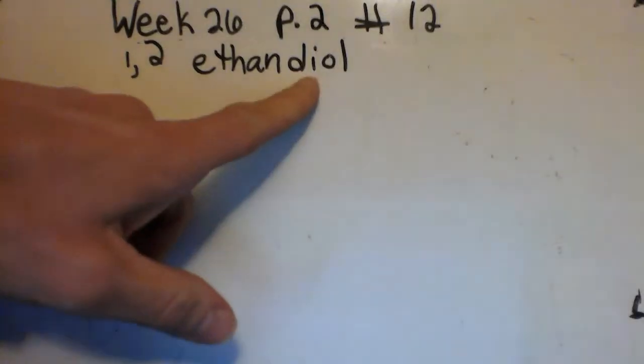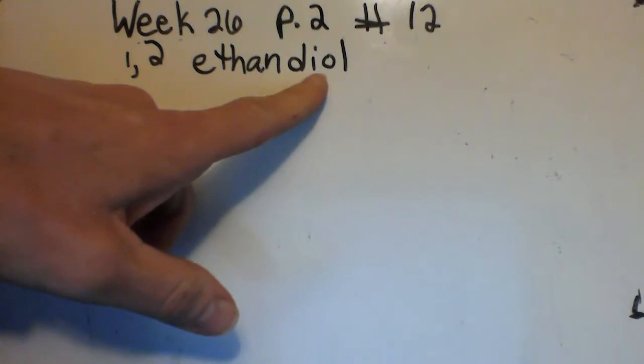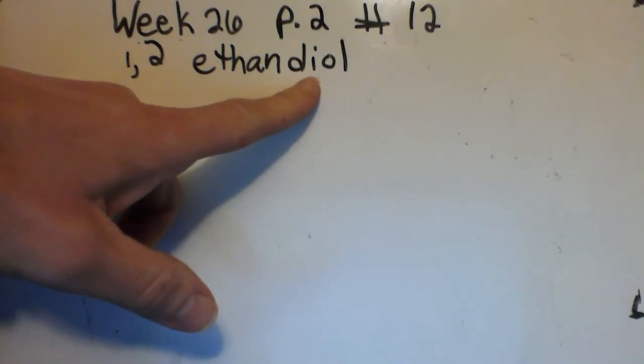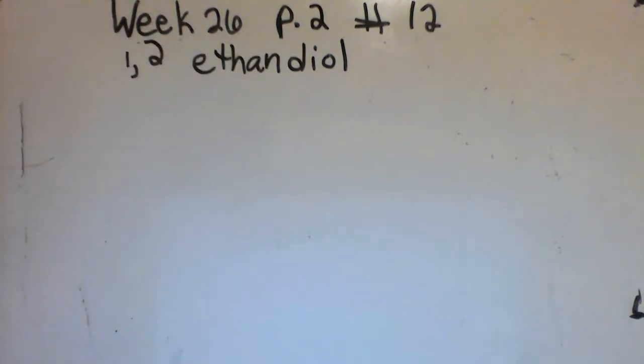We see this prefix "di," meaning 2 here. So if there's two alcohols, that means there have to be two hydroxide ions attached to the parent chain.